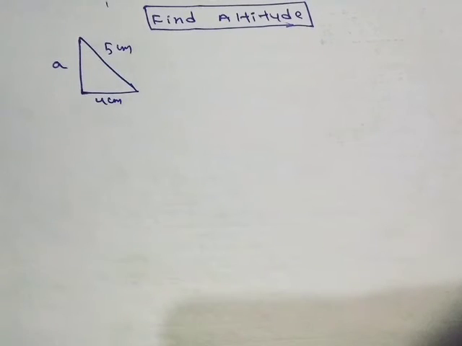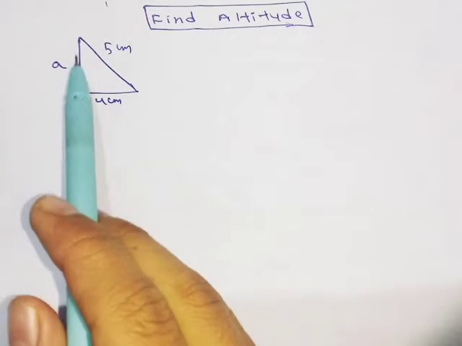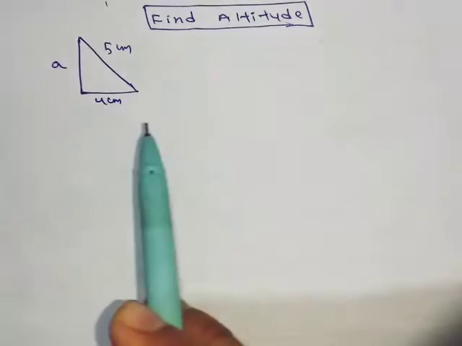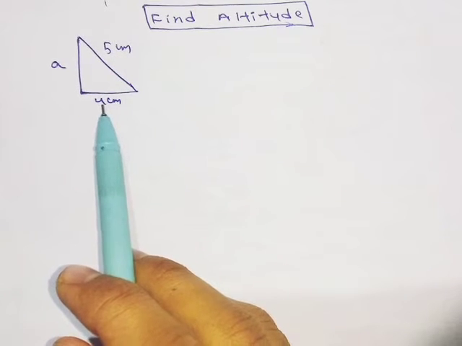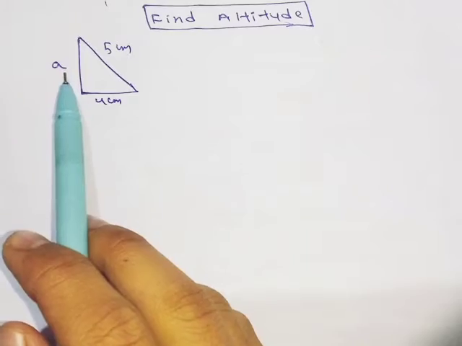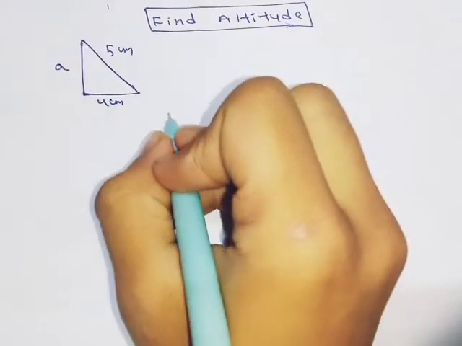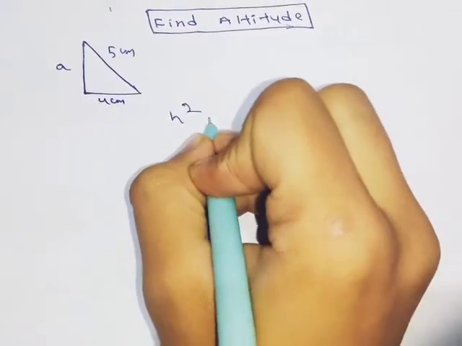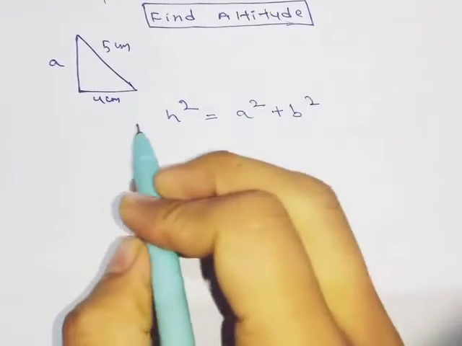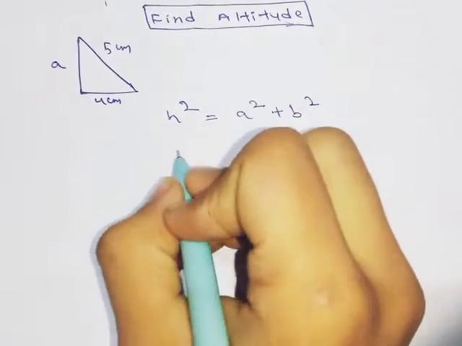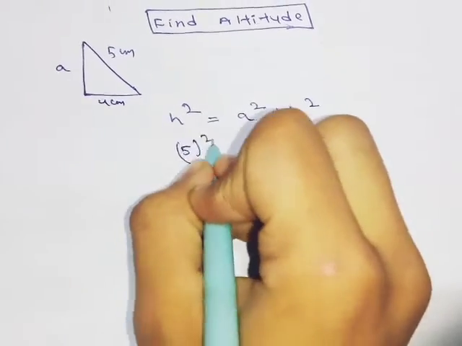So this is an example of another use of Pythagoras theorem. This is a right angle triangle. This time the hypotenuse is given as 5 centimeter. The base is given as 4 centimeter. We have to find the altitude. Let's write the formula. H square is equal to a square plus b square. Now hypotenuse is 5 square.